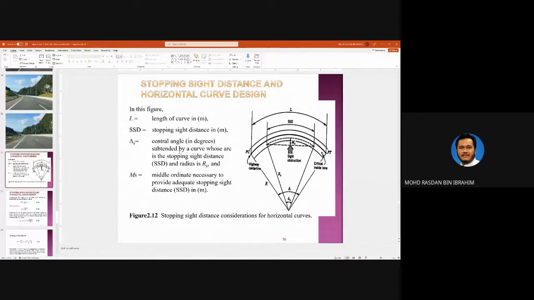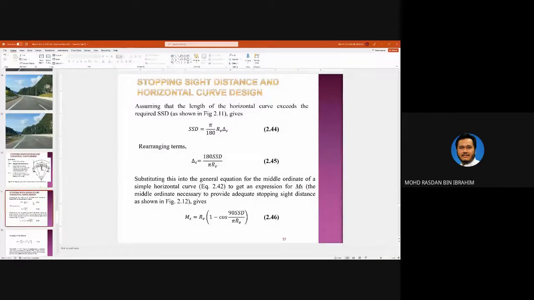So the formulas, assuming that the length of horizontal curve exceeds SSD, L more than SSD. This is the formula for SSD. So you rearrange, you'll get delta S equals to this. And substituting this general equation for middle ordinate to the previous equation, equation 2.42, you get the expression for MS here.